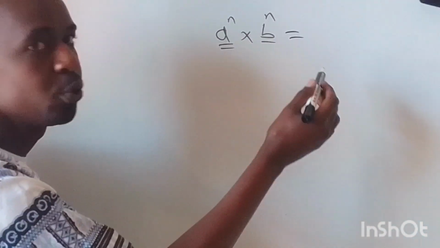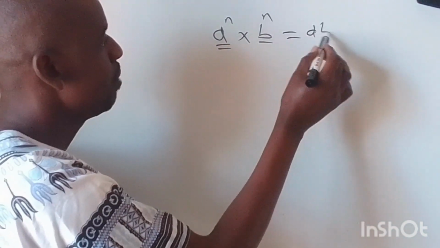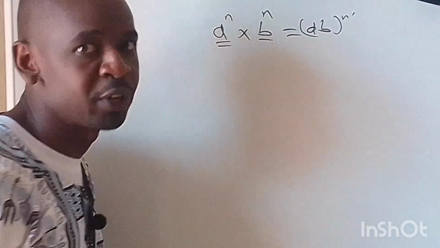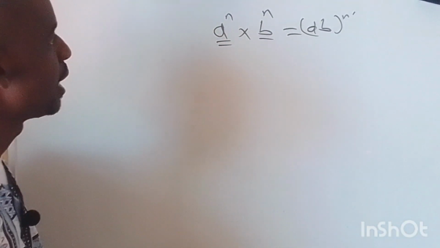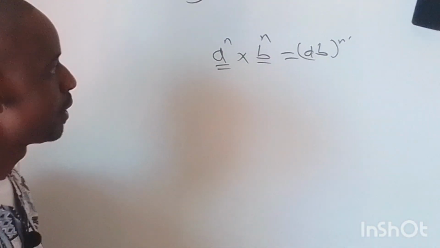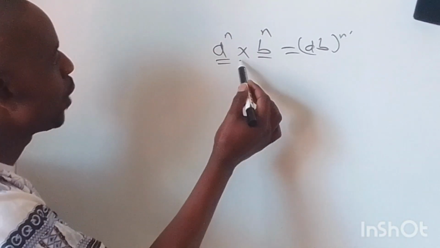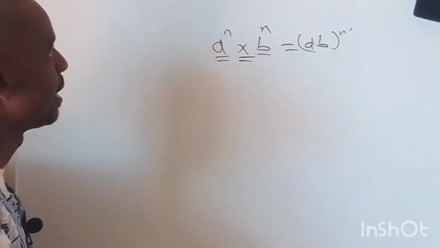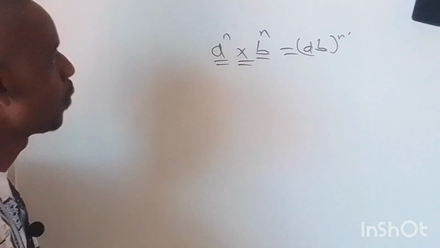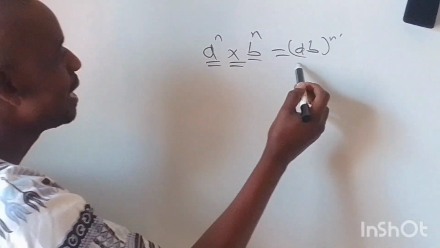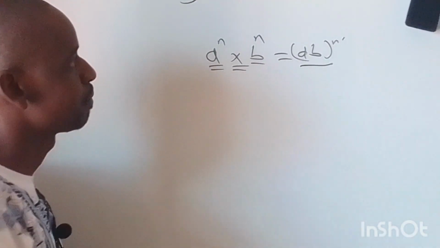So with this law, you can multiply a and b, then you pick the same exponent, which is raised to n. But you realize that we can only apply that when we have a multiplication sign. But here we have a negative, so that means this law cannot be applied.